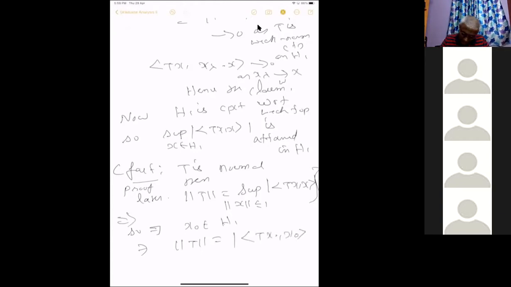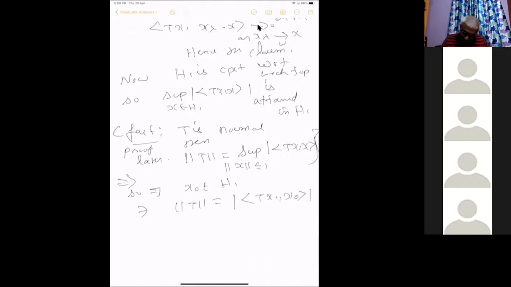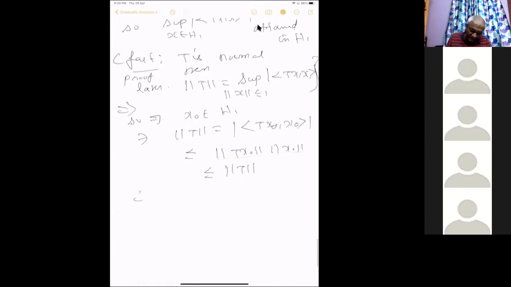But this is less than or equal to norm Tx naught times norm x naught, and the norm of x naught is at most 1, so this is at most norm T times norm x naught, which is at most norm T. So this implies that |<Tx naught, x naught>| is equal to norm Tx naught times norm x naught, because it's all equality.